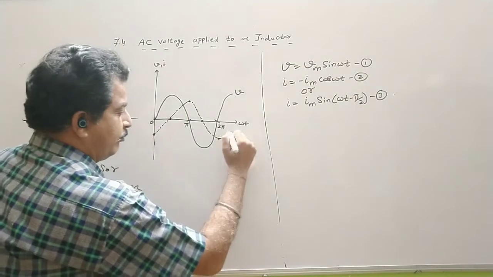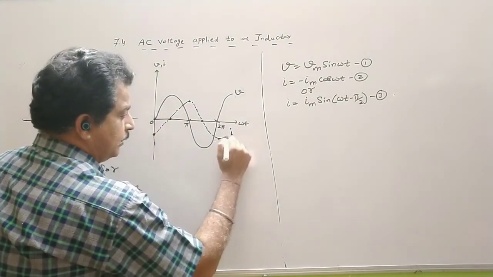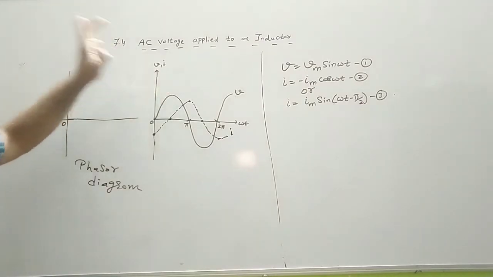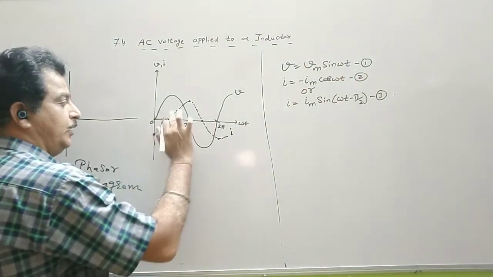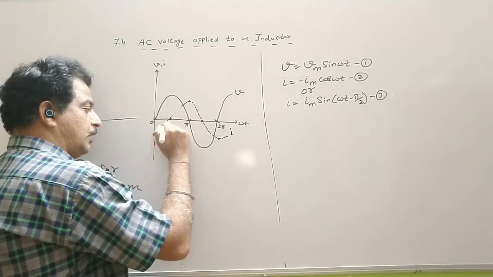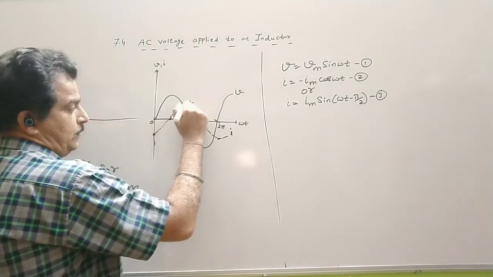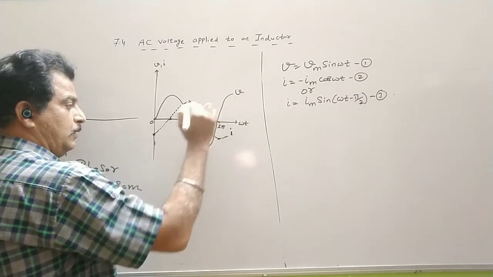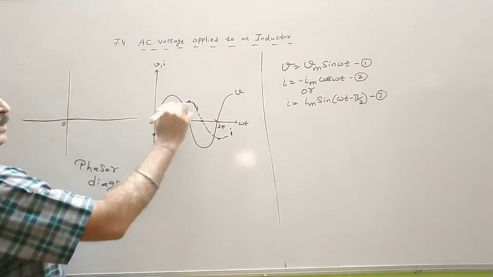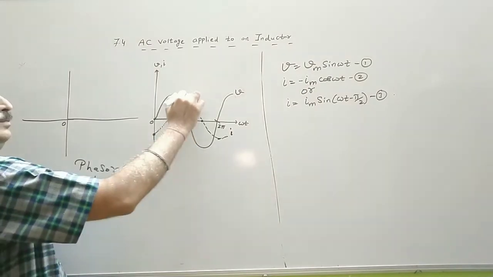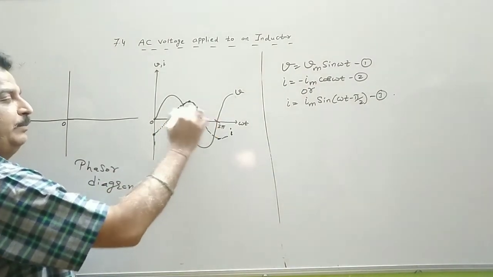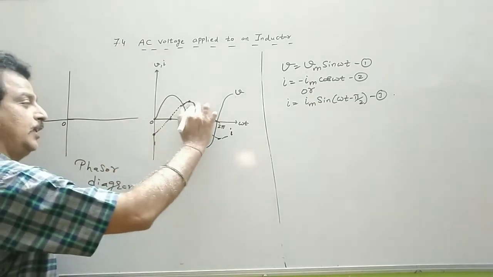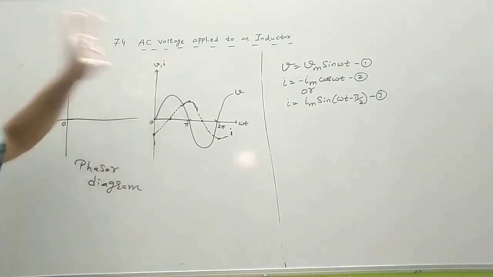So this is the graph of I. One is a sine graph, the other is the cosine graph. The dotted line is the graph of sine. So one is the minus cosine graph, and one is the sine graph.